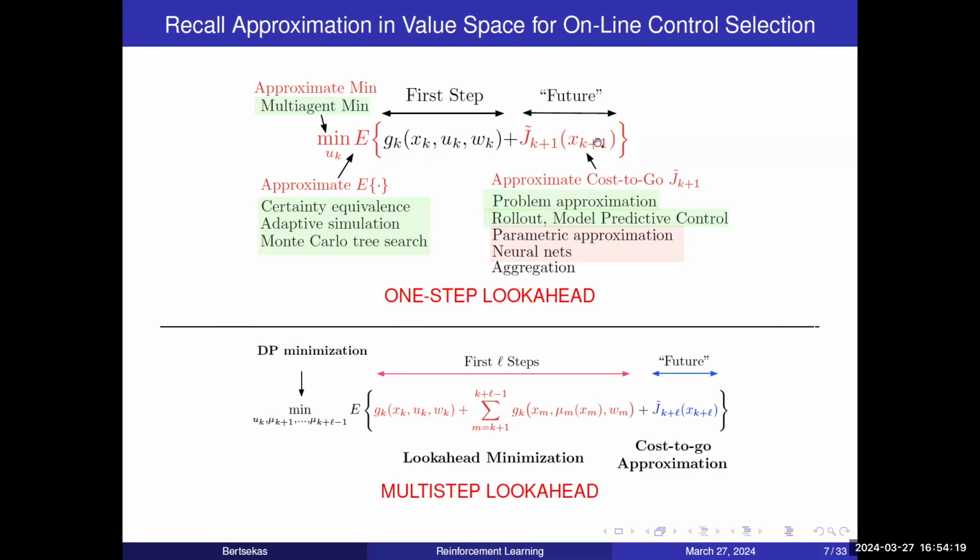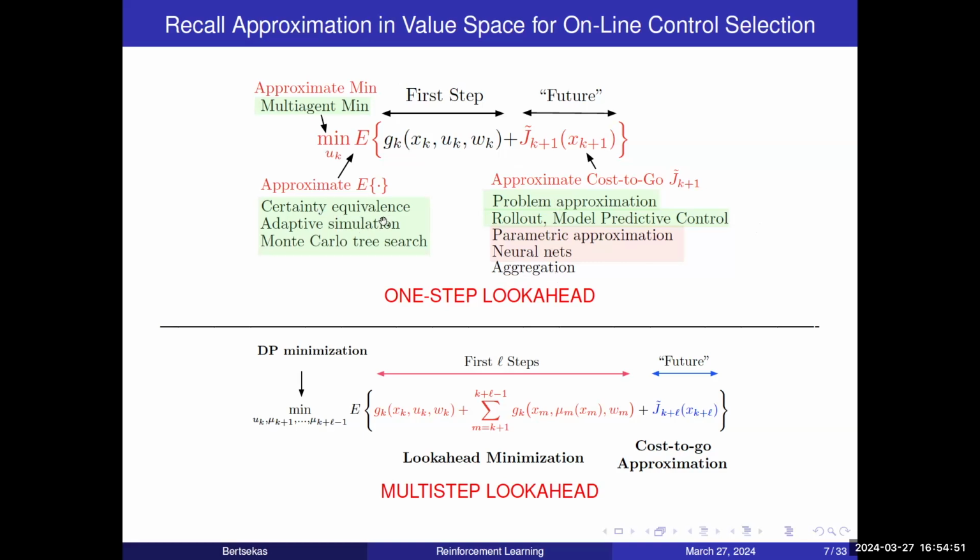If we have access to J star, that's great, but most likely we don't. When we come across practical problems, we use some function that we can compute, called J tilde, in place of J star. There are a lot of methods we have covered: problem approximation, rollout, model predictive control. In this course, we're going to cover parametric approximation and neural nets, and in the next one, I'm going to cover aggregation methods.